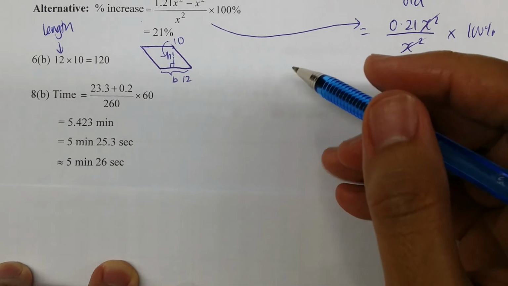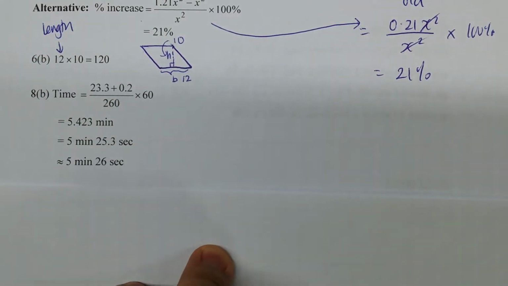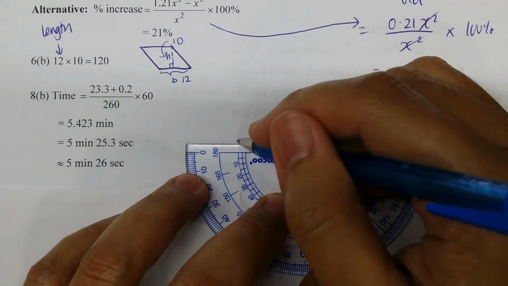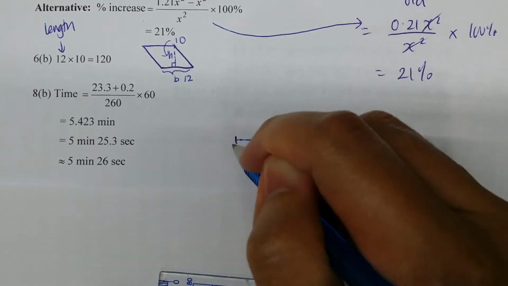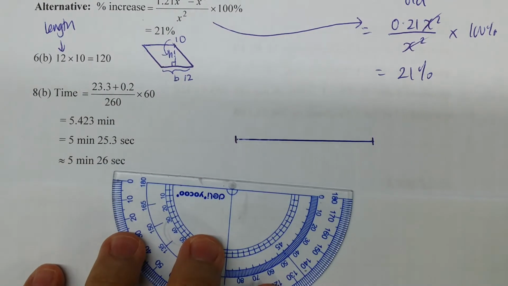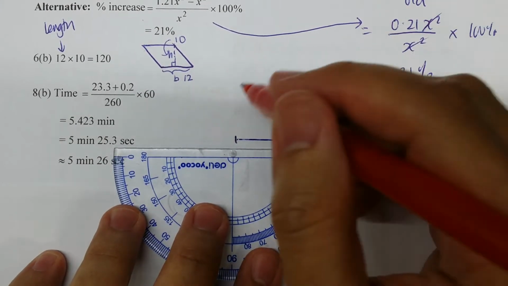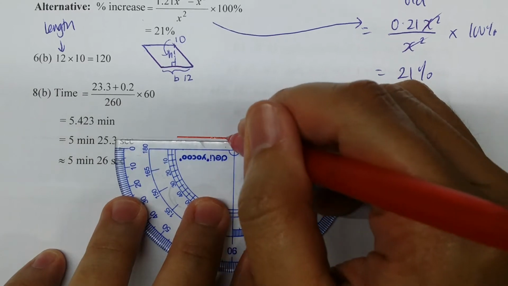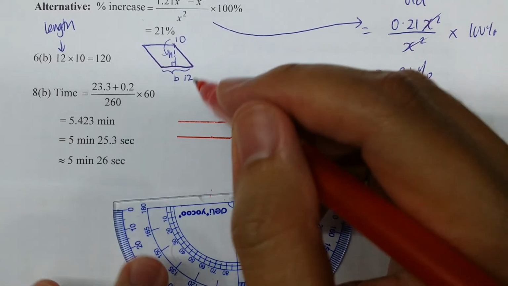I have a tunnel over here. Let's draw the tunnel: the start of the tunnel, the end of the tunnel. Let's draw the train, the Japanese high-speed train.